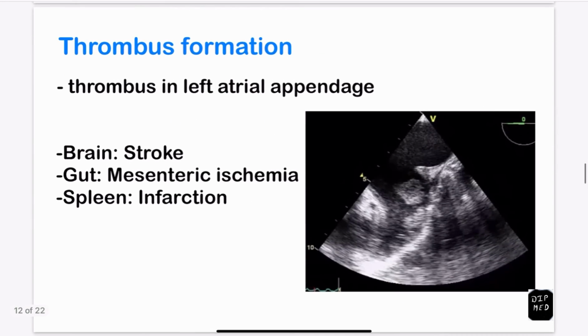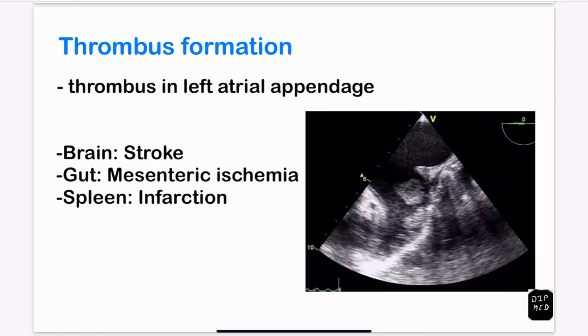Now, although atrial fibrillation presents with a range of symptoms, the disease itself is not very life-threatening. But what can be life-threatening in a patient with atrial fibrillation is formation of a thrombus in the left atrial appendage. The left atrial appendage is an outpouching in the left atrium. It has a slower blood flow, and this blood flow becomes even slower in atrial fibrillation and thus increases the risk of thrombus formation.